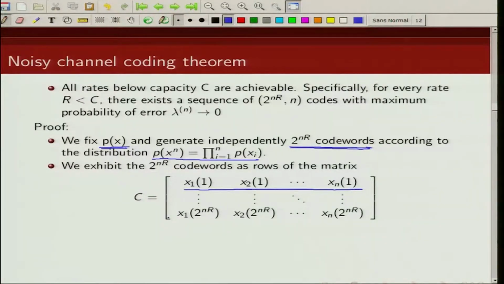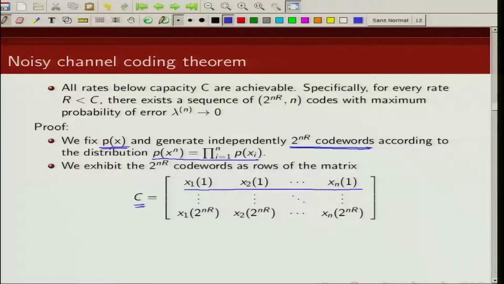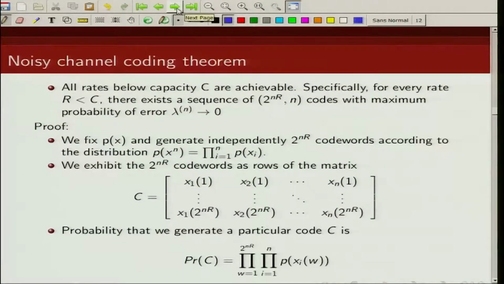Similarly, we generate 2^(nR) code words and they are stacked up in a matrix like this. This is randomly generated. So the probability that we generate a particular code C is given by this probability: the product of p(x_i(w)), where w goes from 1 to 2^(nR) and i goes from 1 to n.